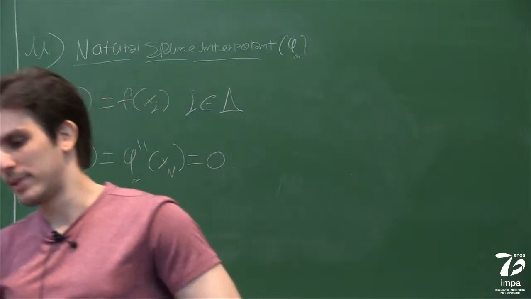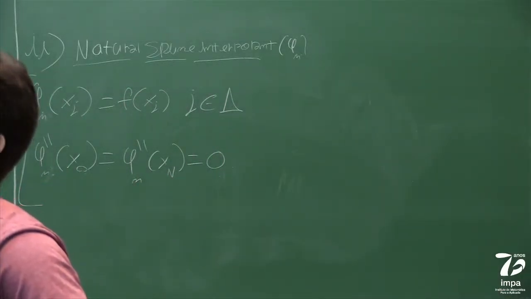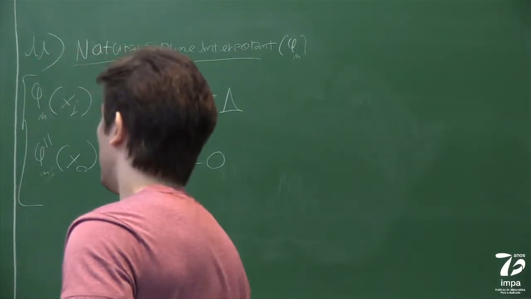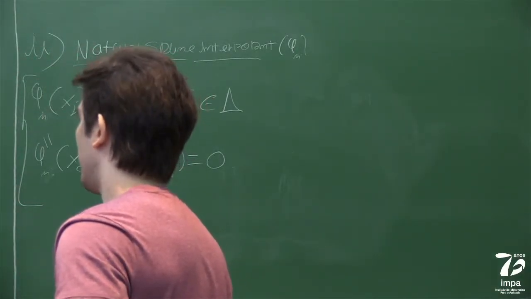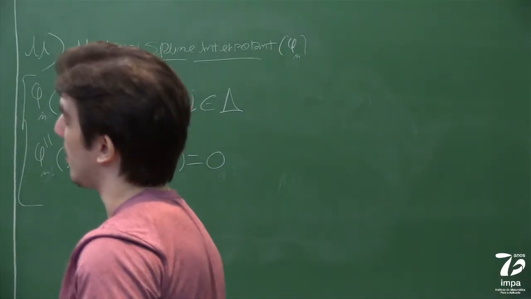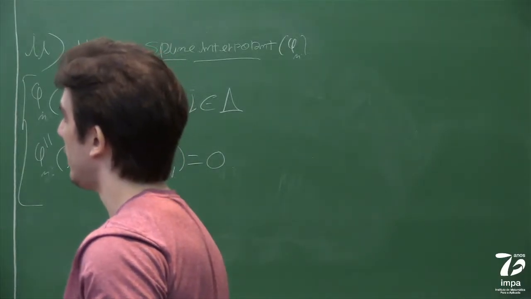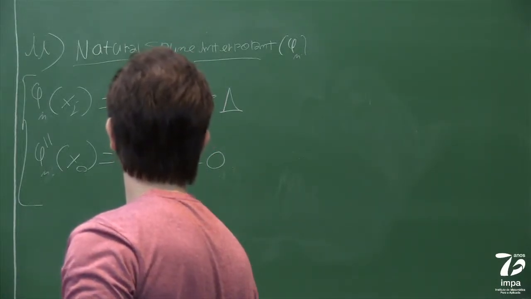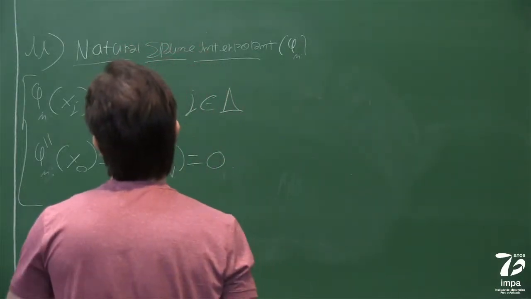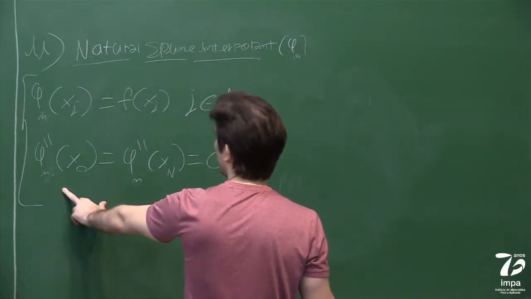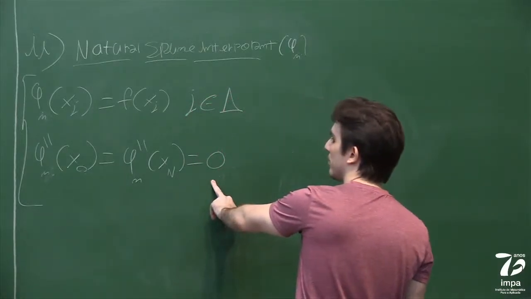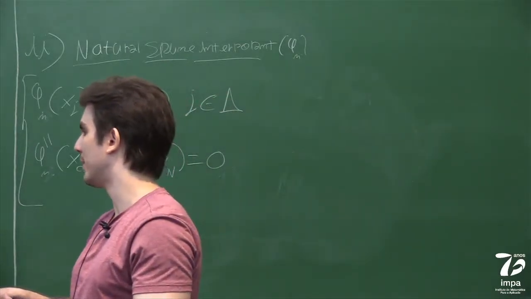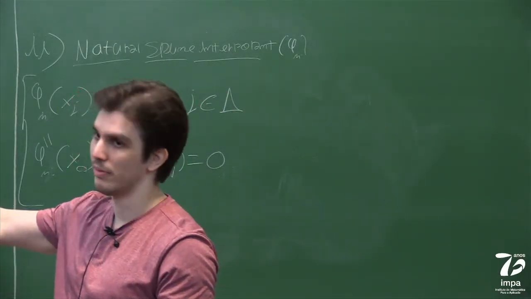This can make a difference when you are studying boundary value problems, okay? In some types of PDEs or ODEs, you have to choose one or you have to choose another, because if you impose that the second derivative is 0 at each one of the boundaries, it means that the interpolating function has a stronger decay than this type of function.